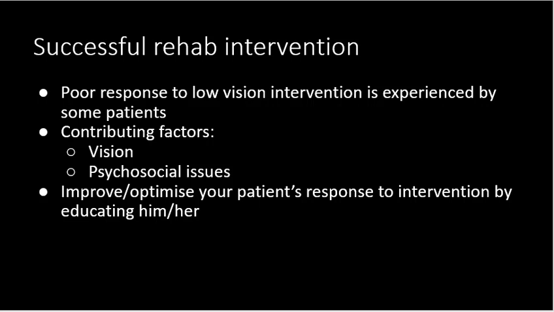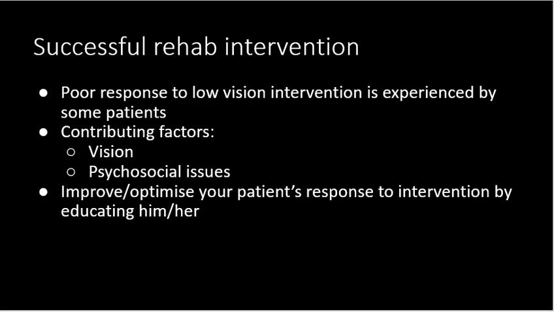Things like depression, coming to terms with sight loss, social support that they may or may not have, home modifications that have been completed, and their independence. These are all factors in whether they will successfully complete a rehabilitation intervention.